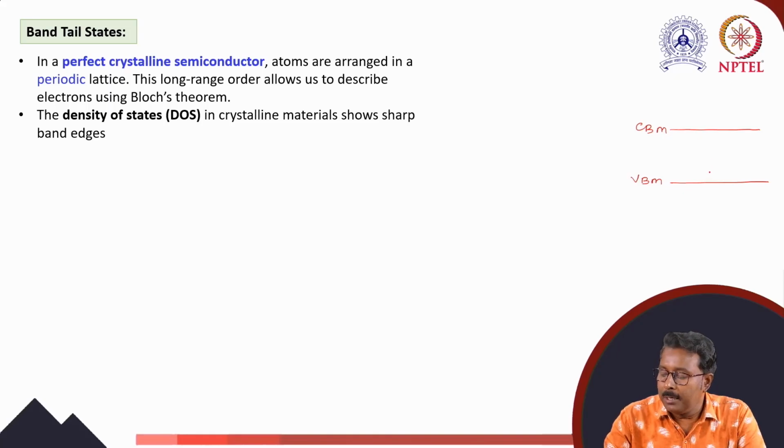In between, there is no energy state available. But in the valence band, there are closely spaced energy states which form the band.